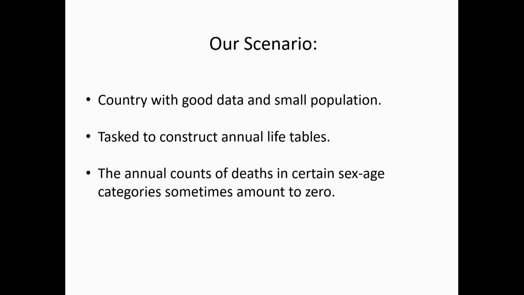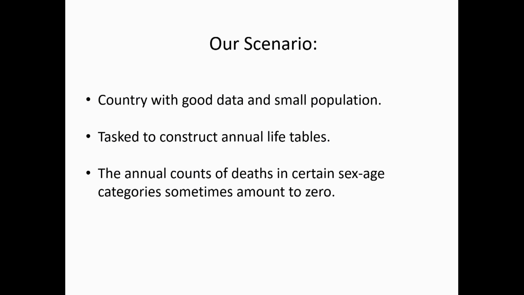And you can try to reason with them. You can tell them that due to stochastic volatility, the annual data can have odd artifacts, and it's better if you group years together. But when you do that, their eyes glaze over, and they tell you, look, just give us your best estimate.